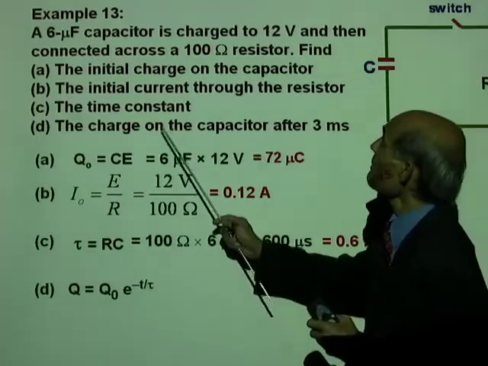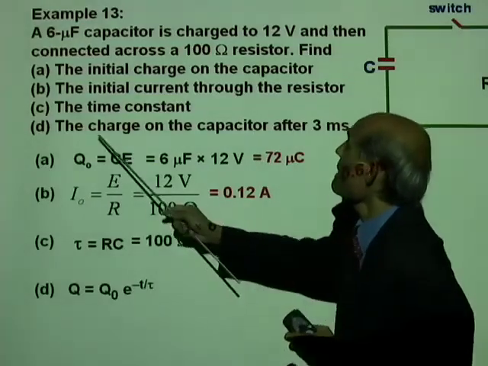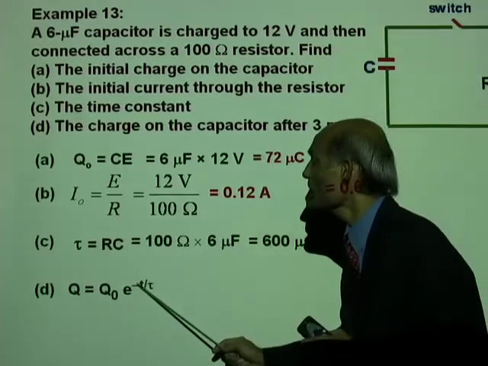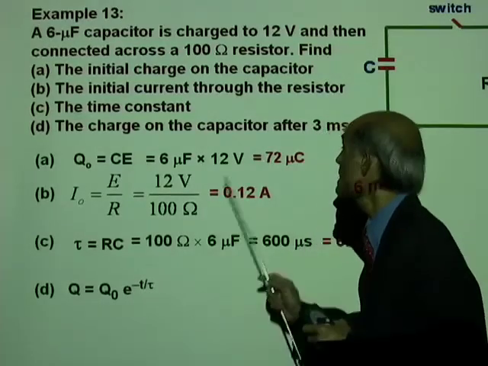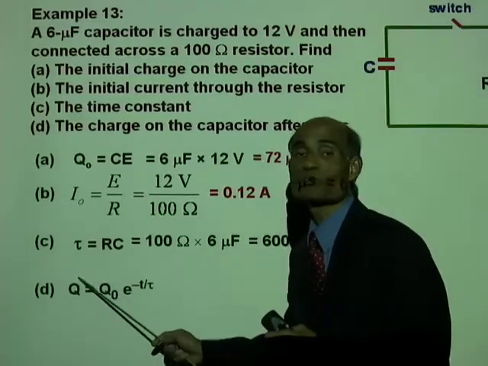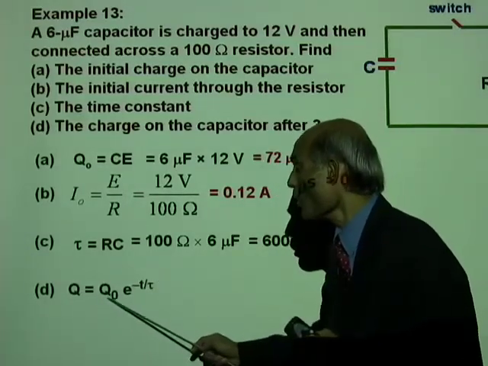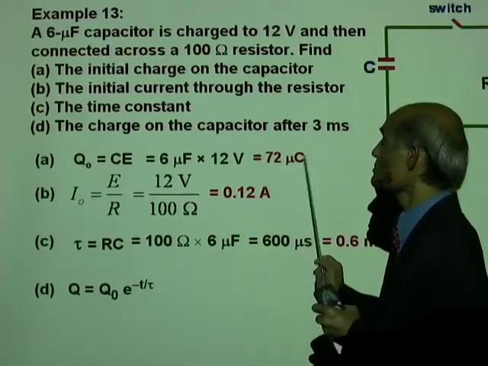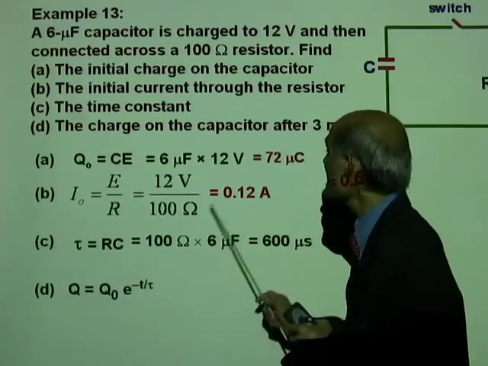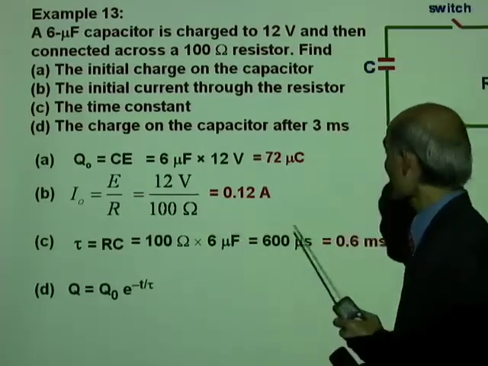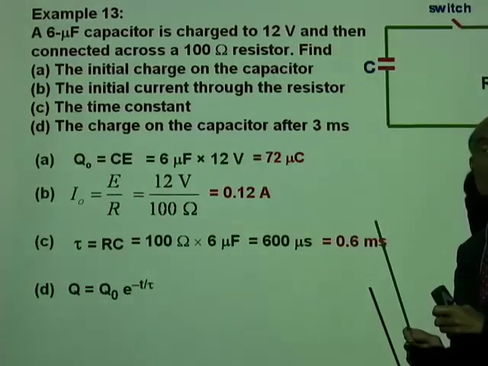Now, we need to find the amount of charge Q after 3 milliseconds. We know all the values on the right side. Q0 is 72 microcoulomb, t is 3 milliseconds, tau we calculated is 0.6 milliseconds.